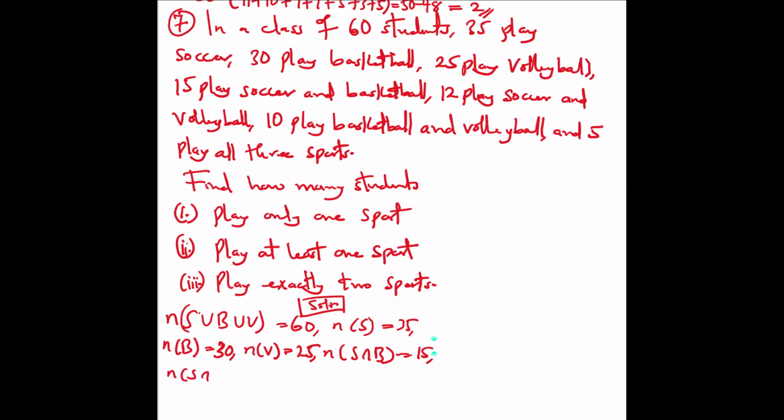The number of students who play soccer and volleyball is 12. The number of students who play basketball and volleyball is 10, and the number of students who play all three is 5.